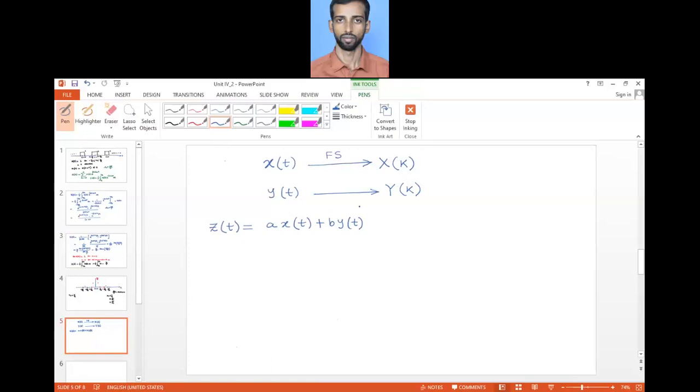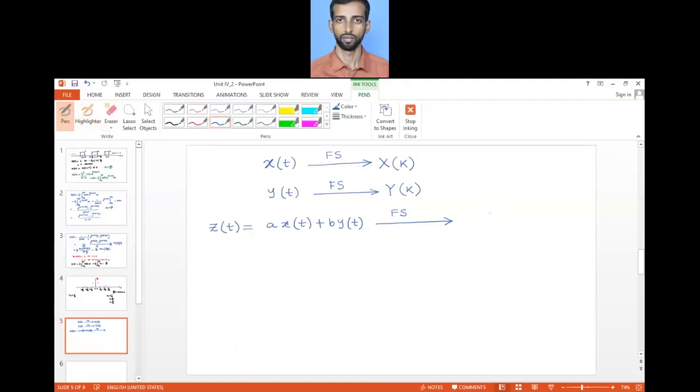Now there are two ways to calculate this. Either you take the signal as it is, z of t equal to a x of t plus b y of t, and find the Fourier series coefficients directly, or you can invoke the linearity property of the Fourier series representation. That is very, very useful. So what does it say? If I know the Fourier series coefficients for x of t and y of t having the same period, then the Fourier series coefficients for the signal z of t are nothing but a times x k, sorry, small a times x k.